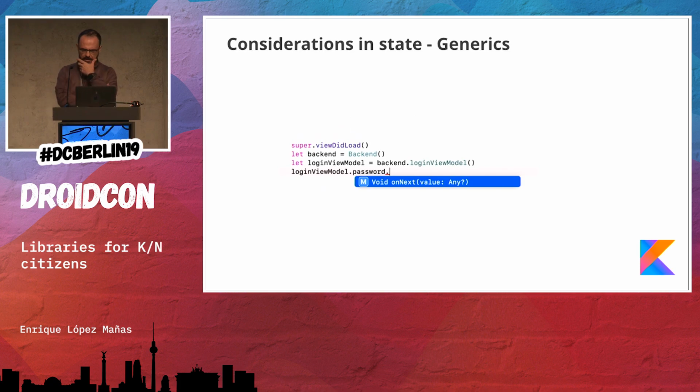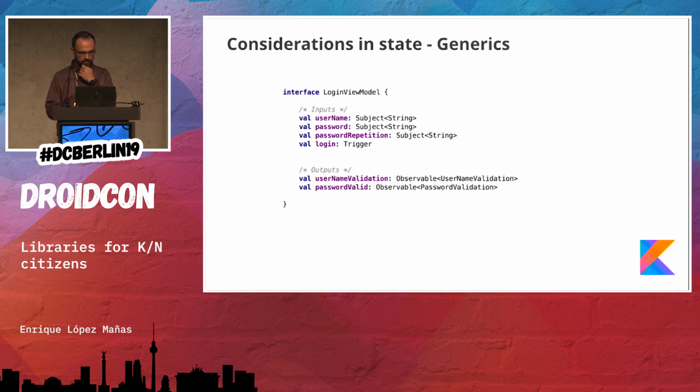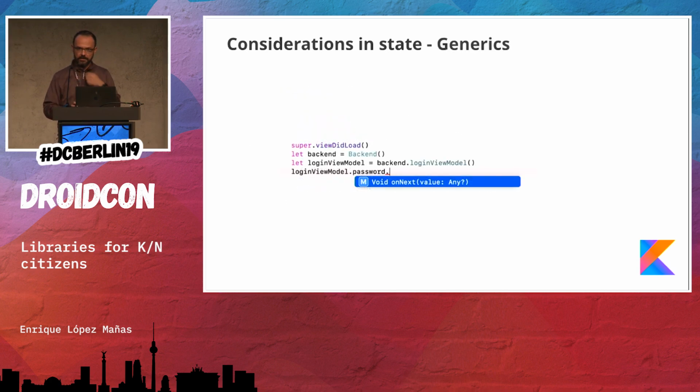So until very recently, if we were trying to use this model from this login view model in Swift, we would be getting this error. There was no support for generics, which is the first thing you start doing when you're developing software. It's very easy to end up using them.